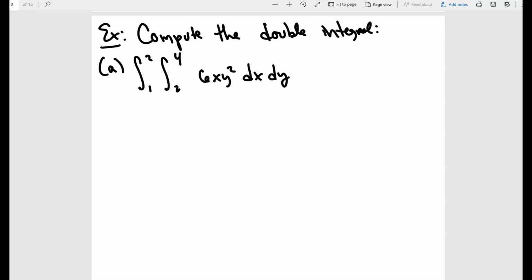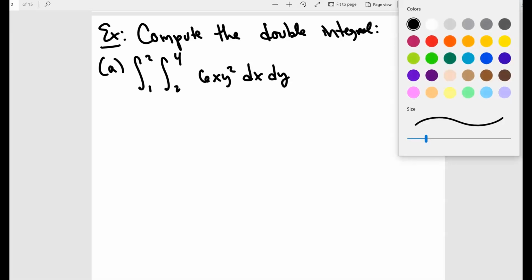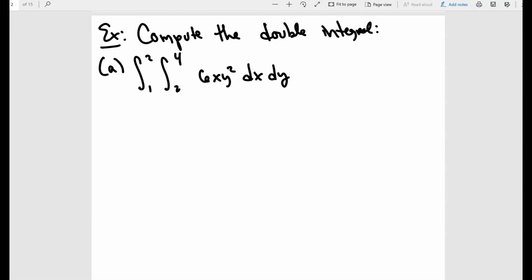Okay. So here we have this integral. Now, if this integral is set up just this way, you don't really need to change the limits of integration. You can just go ahead and just continue doing it this way, unless you really want to change the y and change the integrals.